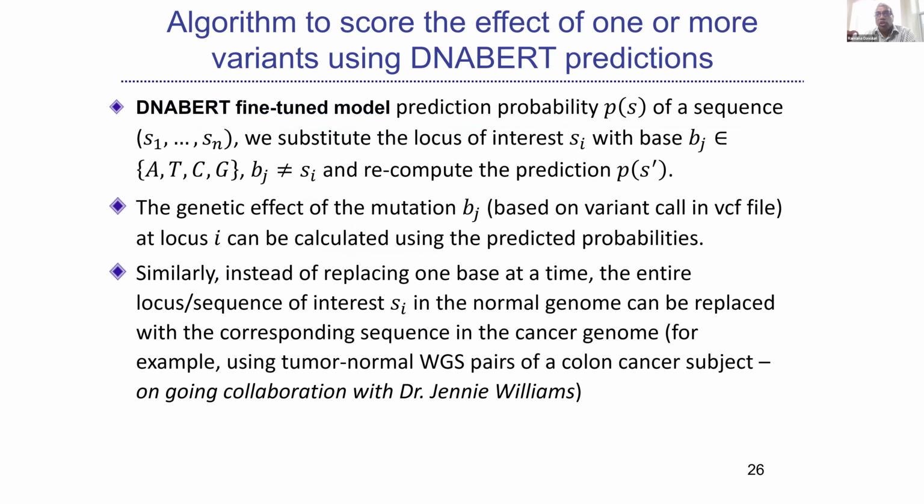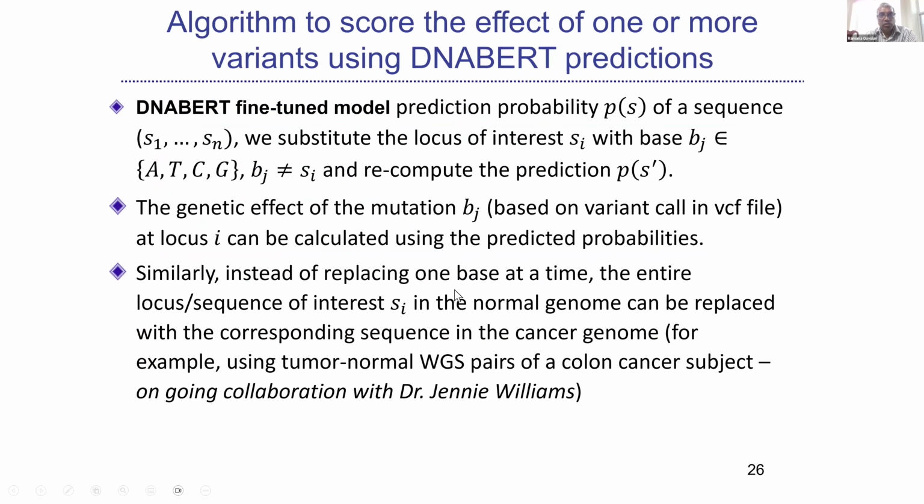With the fine-tuned model's probability, we can substitute the locus of interest with that mutation or alteration, and we call the substituted sequence S prime. So the genetic effect of the mutation at locus i can be calculated using the predicted probabilities from DNABERT. Similarly, instead of replacing one base at a time, you can replace the entire sequence if we have the whole genome sequence from an individual. We're currently working on that.